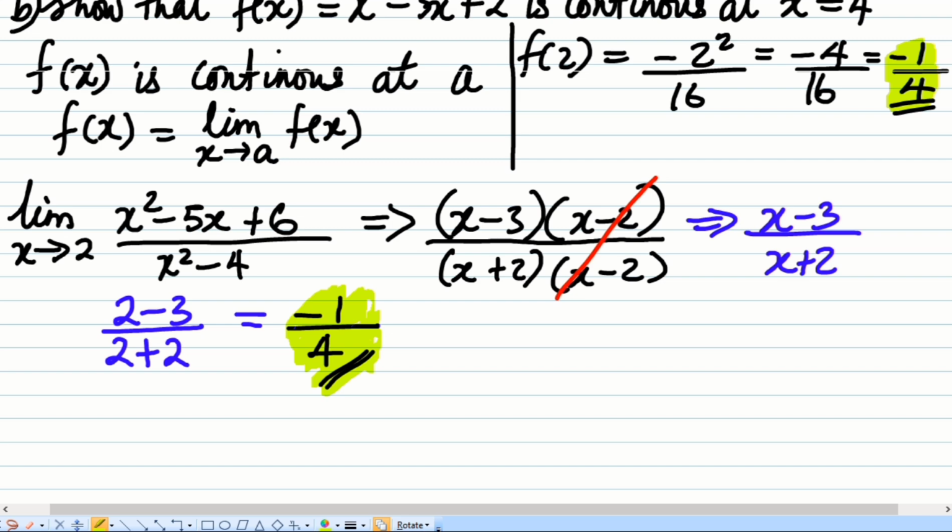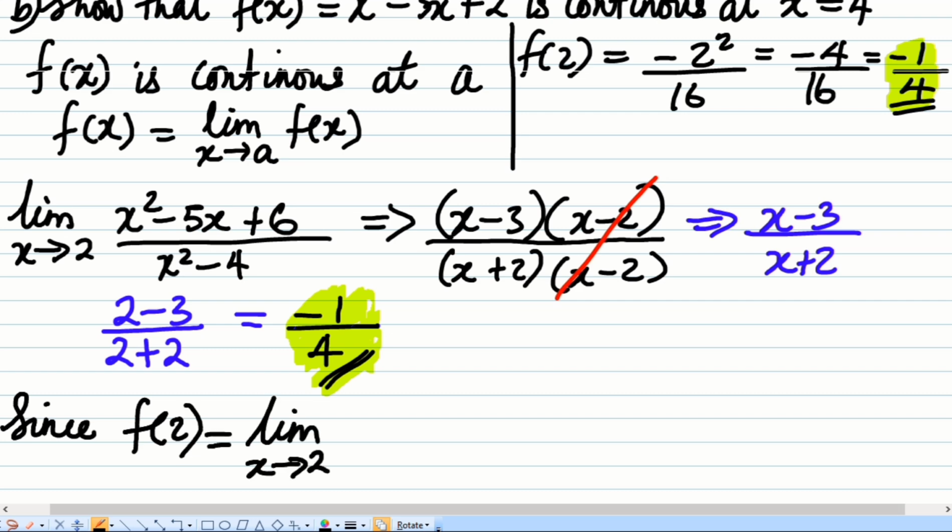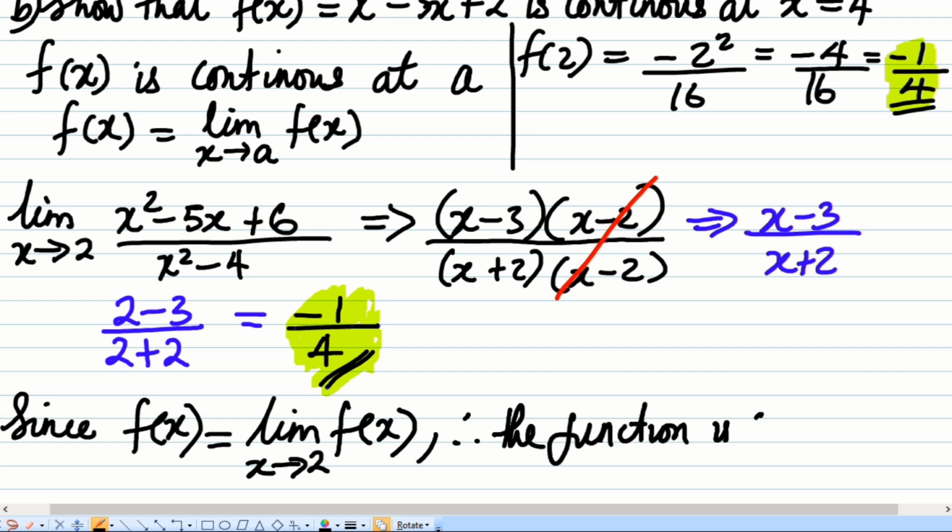We can now say, since f of 2 is equal to the limit as s approaches 2 of f of s, we can now say that therefore the function is continuous. It is continuous at s equal to 2.